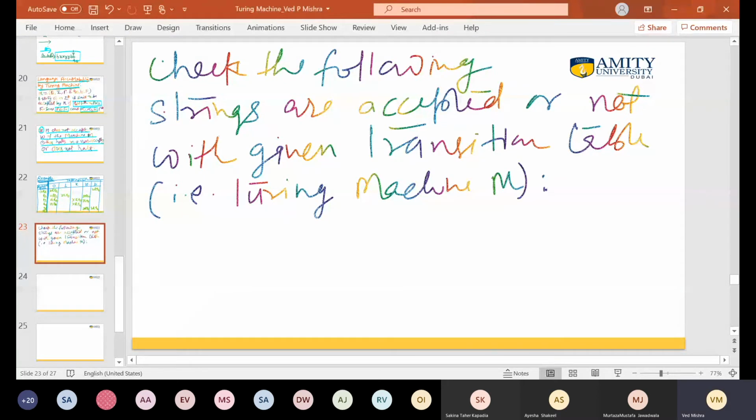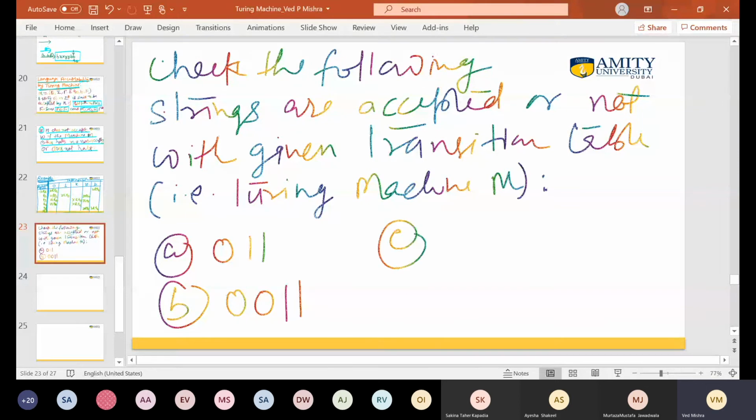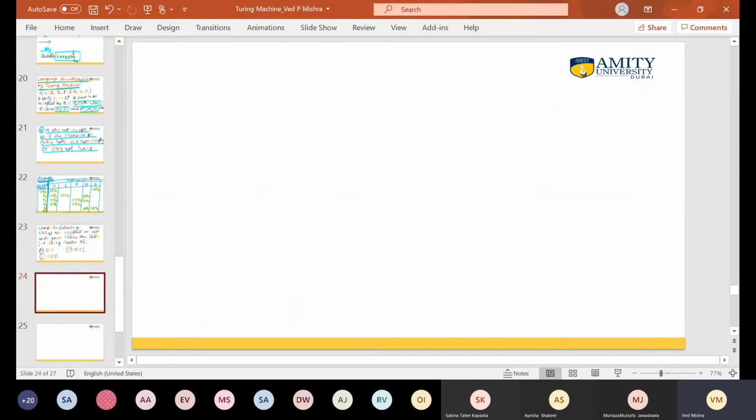And what are those strings? First string to check is 0, 1, 1. Second string is 0, 0, 1, 1. Third string is 0, 0, 1.